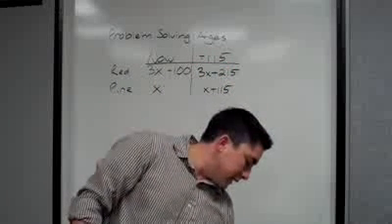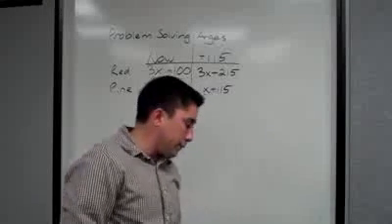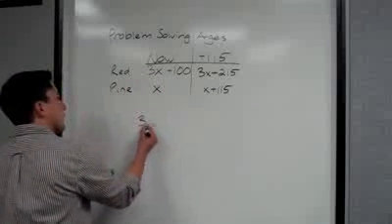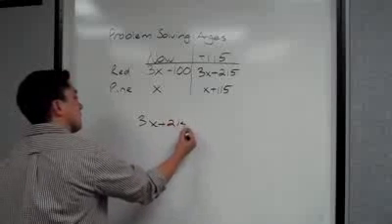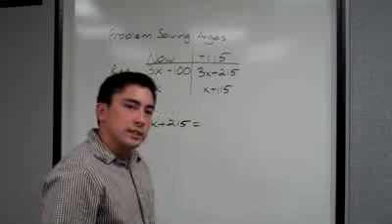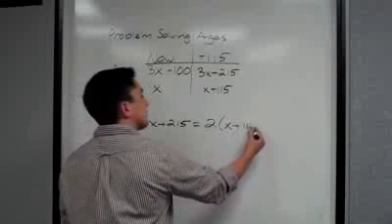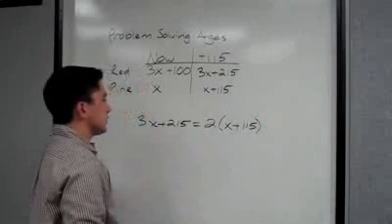So it says in 115 years, the redwood tree, 3x plus 215, will be twice as old as the pine tree. Twice as old as the pine. So that is our setup.